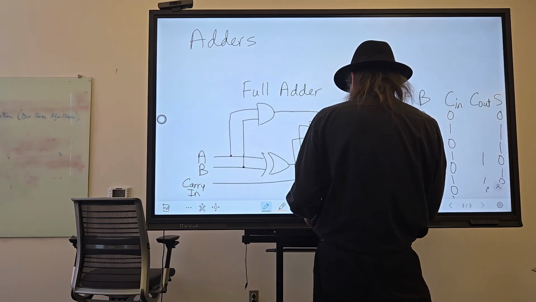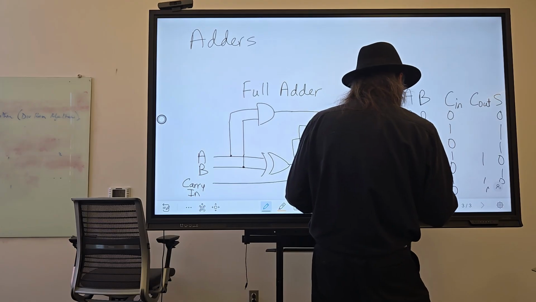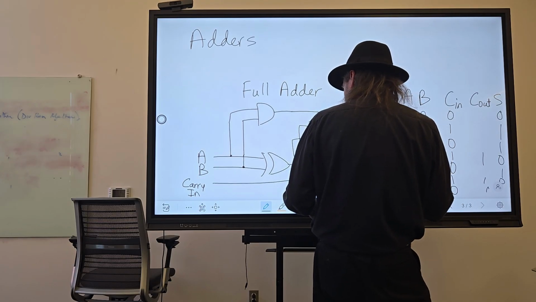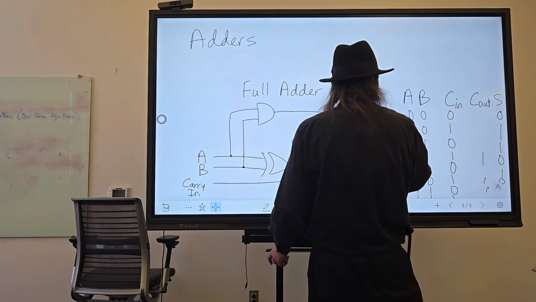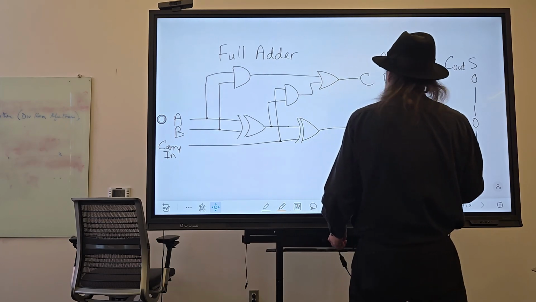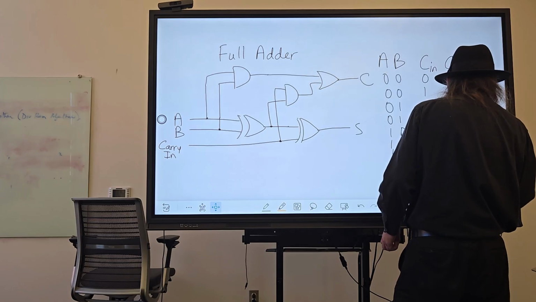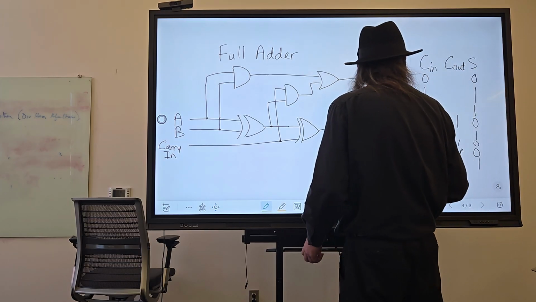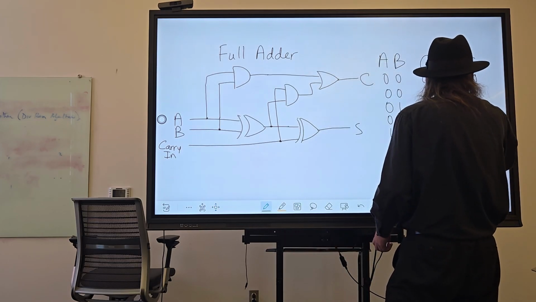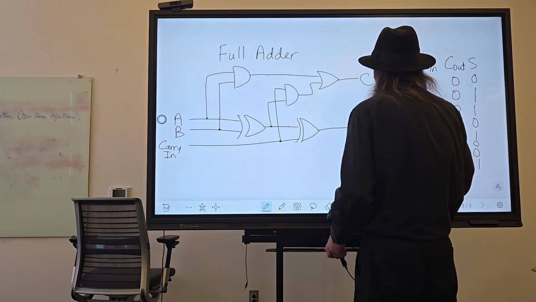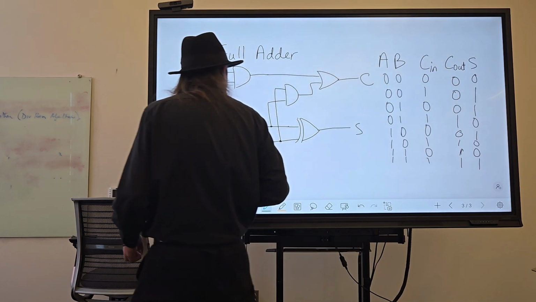Let's see here. How can I adjust this? There we go. It's 1, 0, and 1, 1. Zeros here.